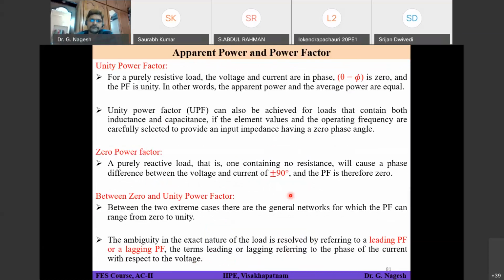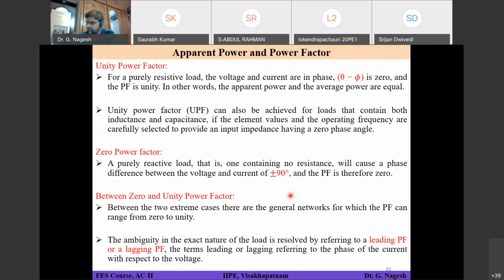So some conclusions we will derive from this. Unity power factor: what kind of load will have unity power factor? Only a pure resistor can have unity power factor.